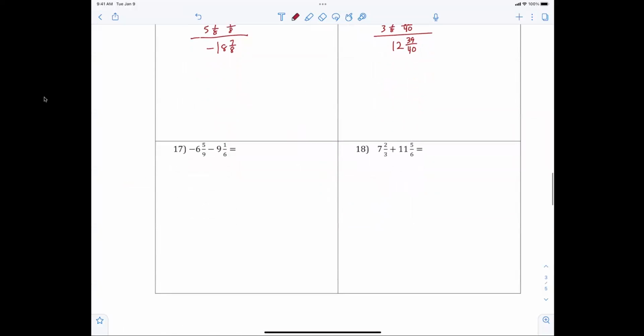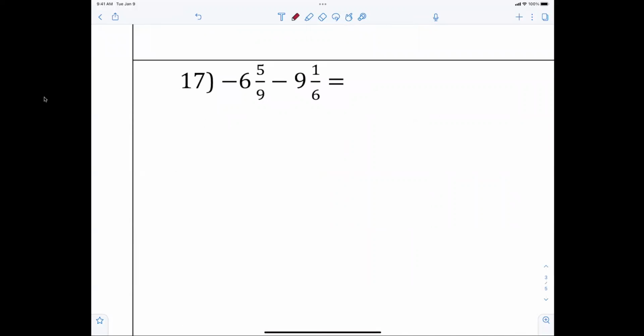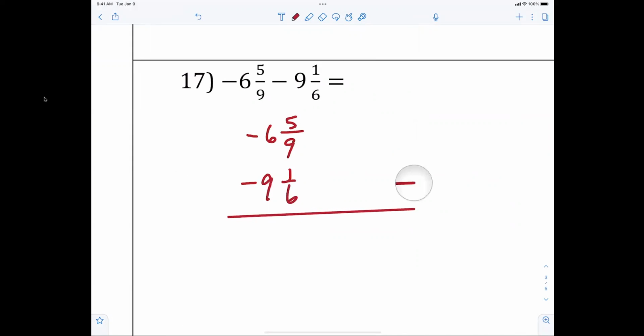Here we go. Let's check out 17. Am I adding or subtracting? Adding. What's the common denominator? 18. Well, come on now. You okay or not?